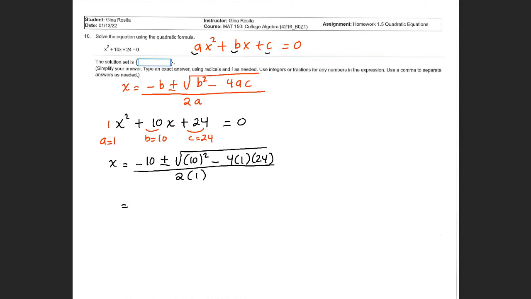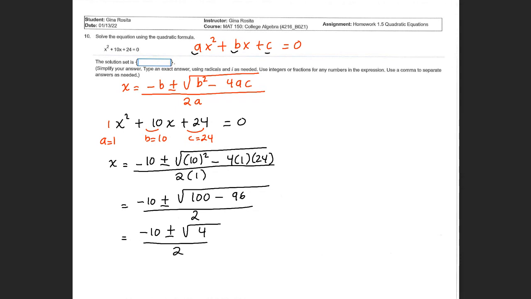Now we solve. Negative 10 plus or minus the square root of 10 squared, which is 100, minus 4 times 1 times 24, which is 96, over 2 times 1, which is 2. So x equals negative 10 plus or minus the square root of 100 minus 96, which is 4, over 2. The square root of 4 is 2.